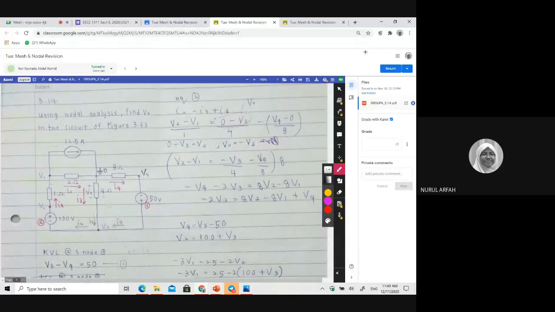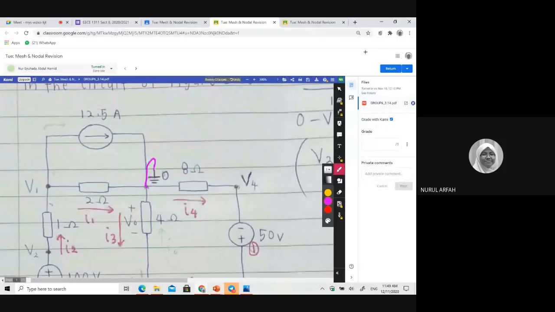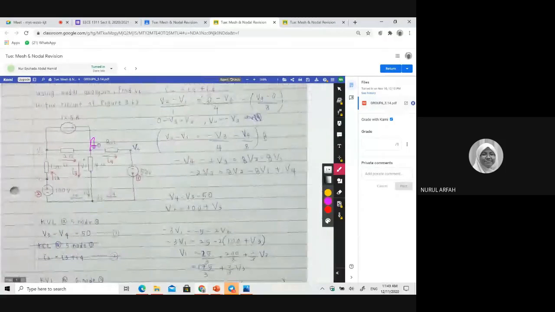This group, they put the reference point here, but make sure this is connected. This one, why did you put it at a floating point? Okay. Make sure it is connected. Okay, and then I thought this one done. What do you think about V2?